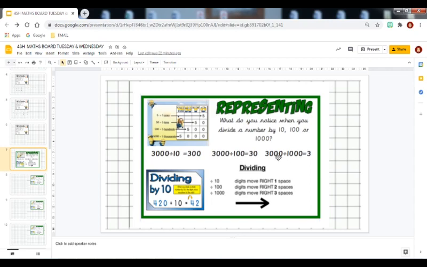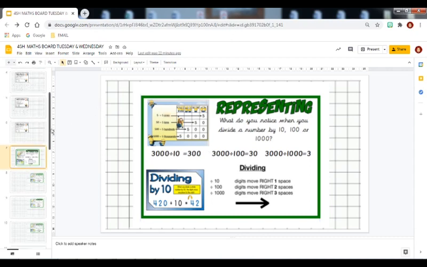The 3,000 divided by 1,000, we've got 3 zeros in the 1,000. We take 3 zeros out of the 3,000 and we're left with just 3. So it shows us how we've divided by 10, divided by 100 and divided by 1,000, but you should be able to start to see a pattern with the numbers.